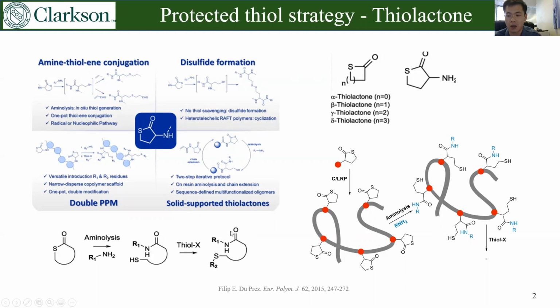Then we treat that polymer with a primary amine to reopen the thiolactone ring, so we can generate a thiol on the backbone of the polymer. So pretty much that's it.